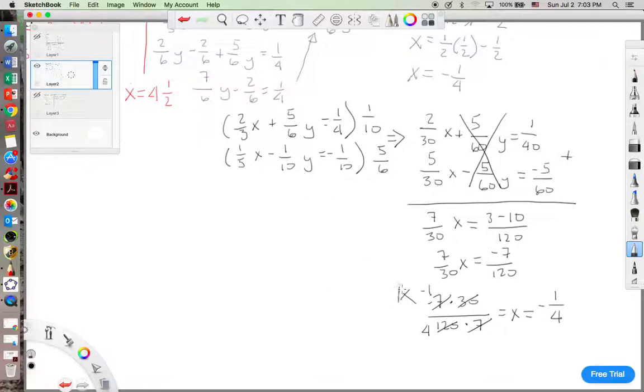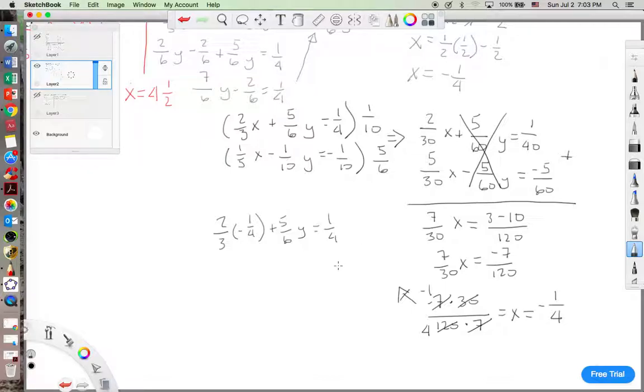Go this way with it. 2/3. Just put it back in this original equation here. 2/3 times negative 1/4 plus 5/6 y equals 1/4.